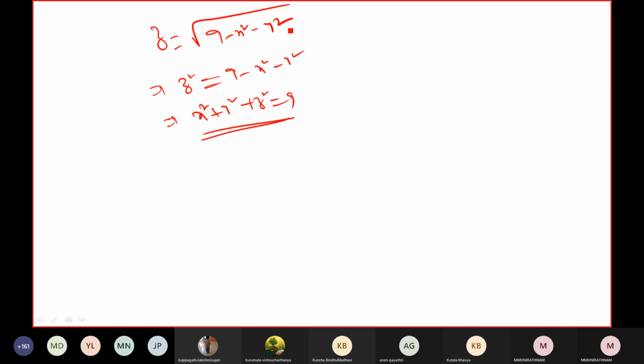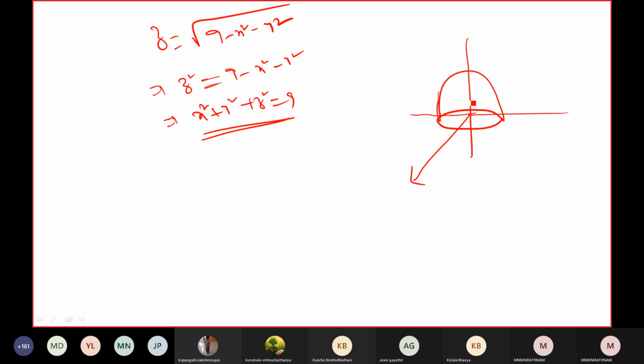So what does it represent? Anyone? What does x square plus y square plus z square equal to 9 represent? What is x square plus y square equal to 9? Circle, sir. So what happens when we add z? Yes, 3D.